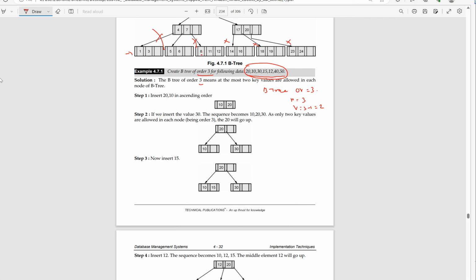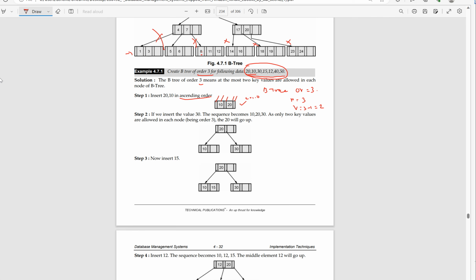So that's what they have written in the first step. They have created a node with 3 pointers and 2 values. Since in the initial stage 2 spaces will be there, we are taking the first two elements, 20 and 10, arranging them in ascending order, and then inserting.